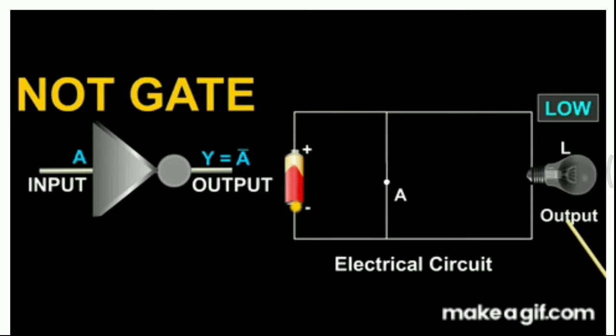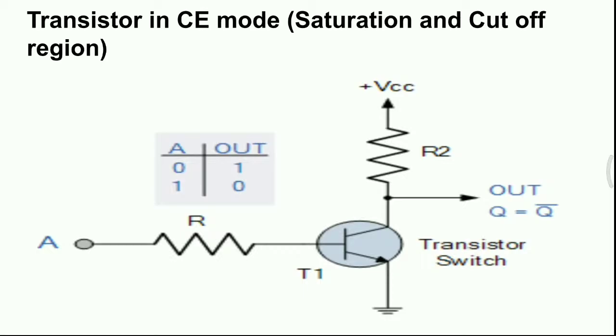So let us take a transistor in CE mode. When a transistor is in CE mode, it acts as a switch. So here A is the input and Q is the output.